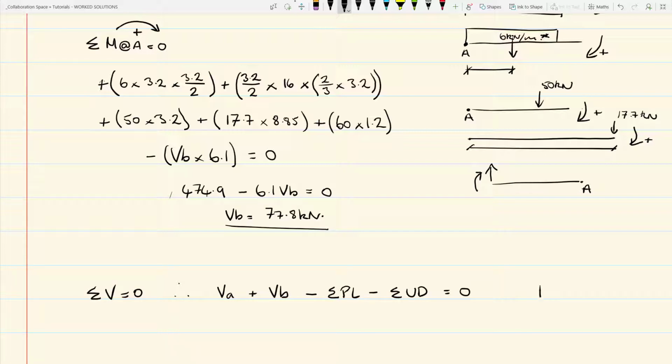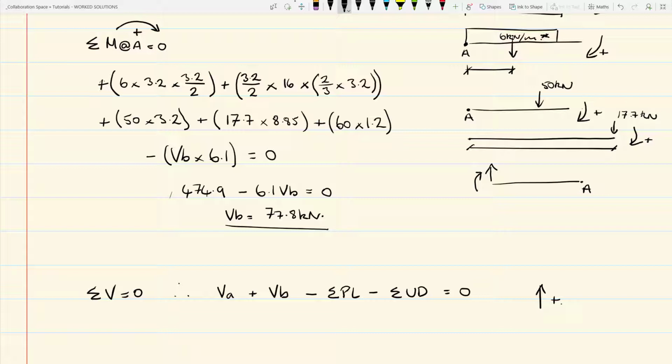You should bear in mind that we have assumed initially that everything acting vertically up is classed as being positive. That's something to bear in mind whilst you are resolving the vertical actions to get VA.